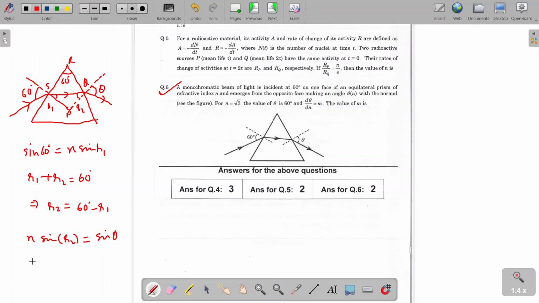We can write this expression as n sine of 60 minus r1 is equal to sine theta, replacing r2, and from the other relation we can write root 3 by 2 is equal to n sine r1, differentiating this with respect to n.